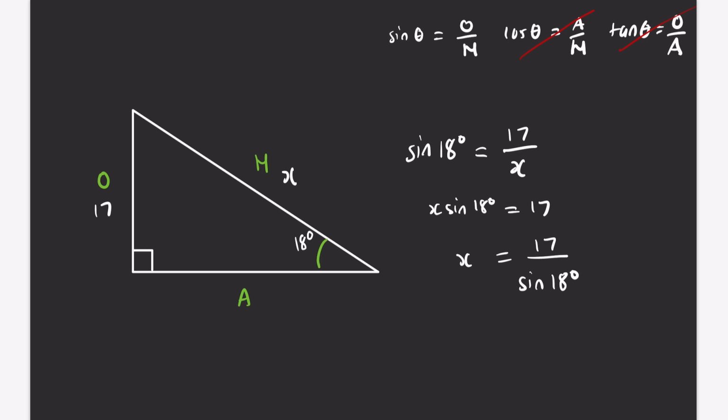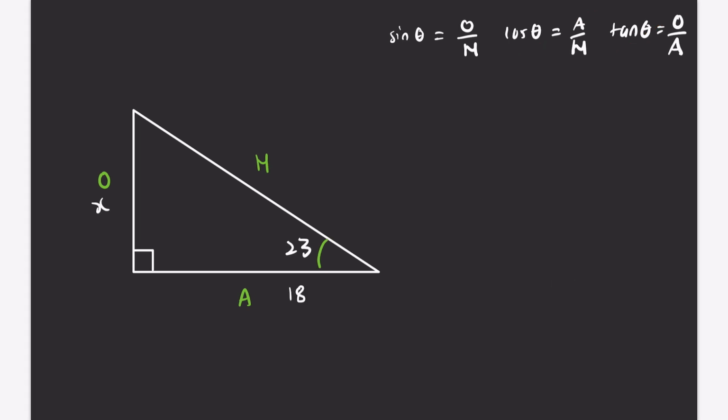So let's do another question. Let's again look at what we have. We have our angle, and we have our adjacent, which is here and here. So we know we can't use the sine rule. And what do we need to find? We need to find our x, which is our opposite in this case.